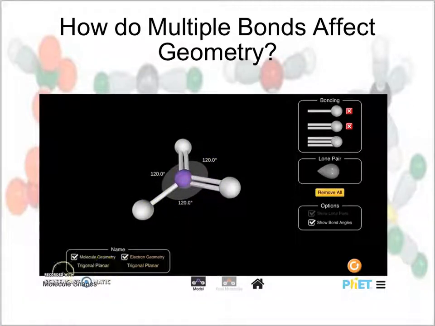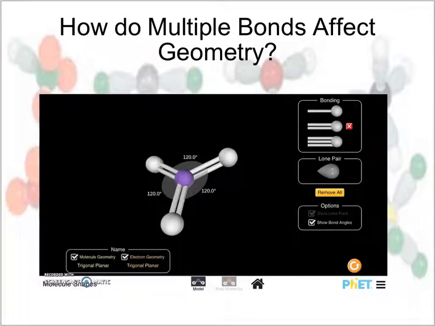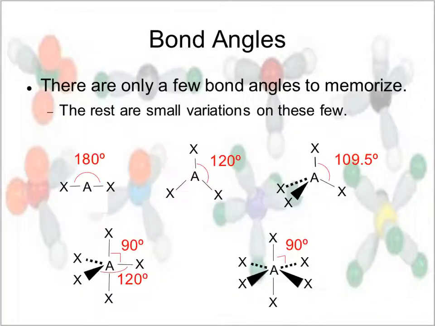And I hope you realize that the electron and molecular geometry are not changing at all. So double bonds and triple bonds don't change your electron domains. Okay, they don't change your molecular geometry. They're still treated as just one bonding domain.